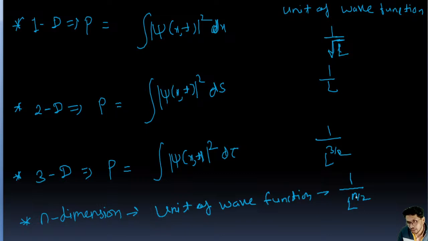That is in n dimension. So this is the probability of finding the particle in all space, in 1D, in 2D, in 3D. Important one.